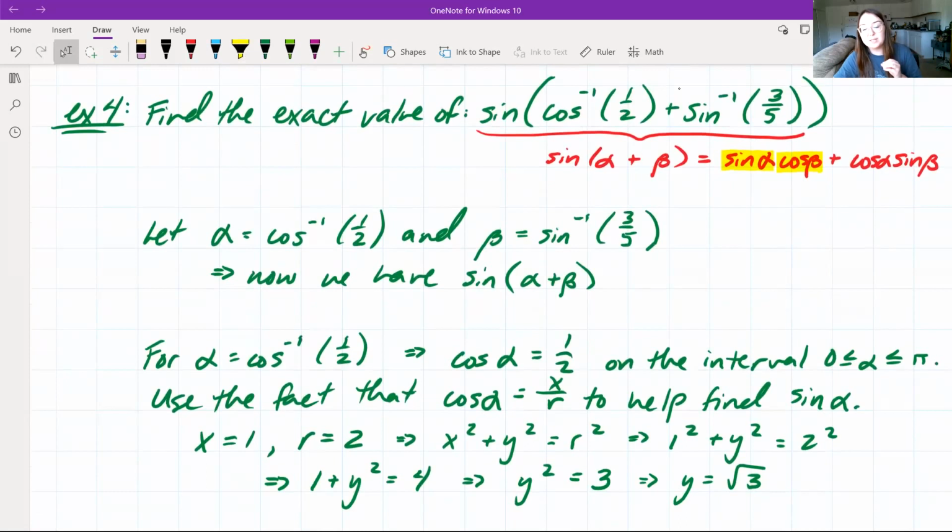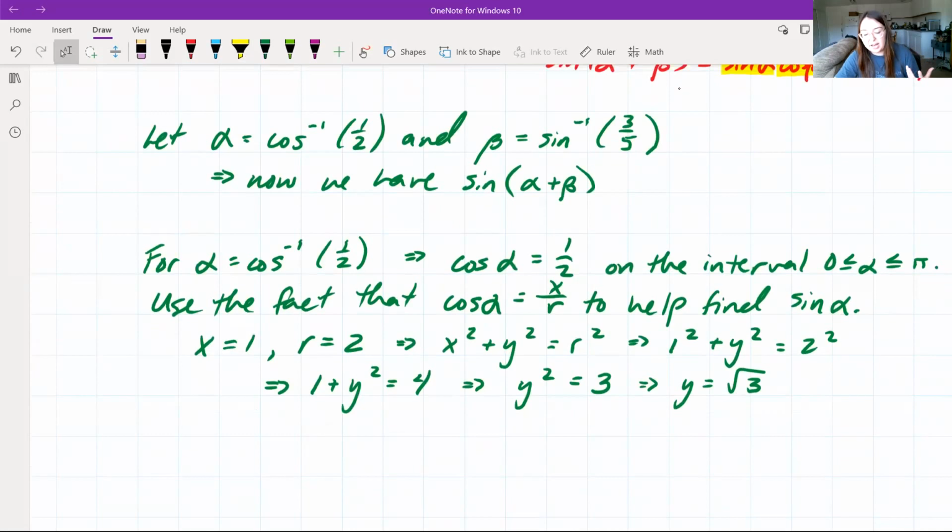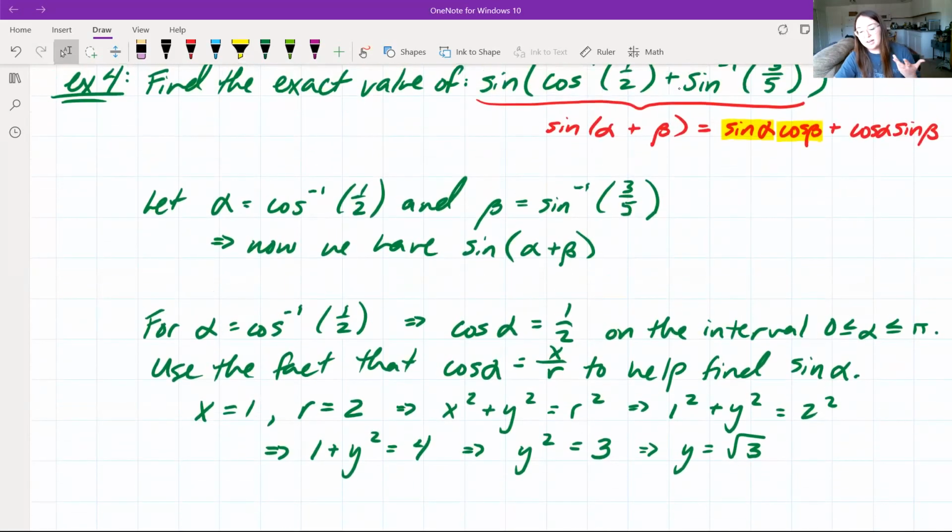We already have cosine of alpha and we already have sine of beta. Those values are given to us by 1/2 and 3/5. So we need to find the missing values, which are sine of alpha and cosine of beta.